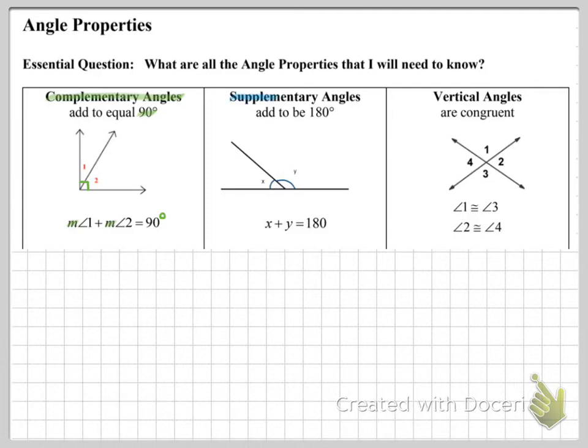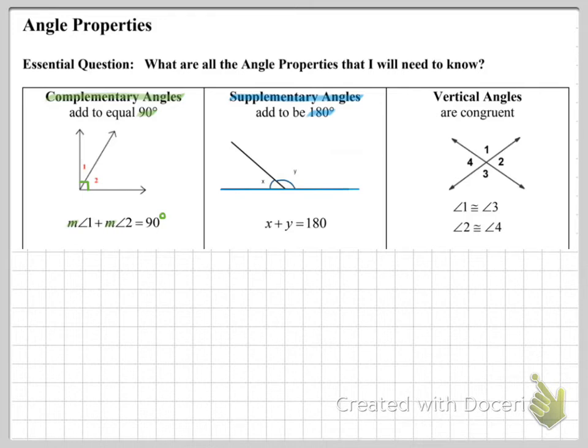Now we have supplementary. Supplementary is going to be a total of 180 degrees. The dead giveaway for this one is the fact that supplementary angles, when put together, give you a straight line. So we know that the degree of a straight line is 180.